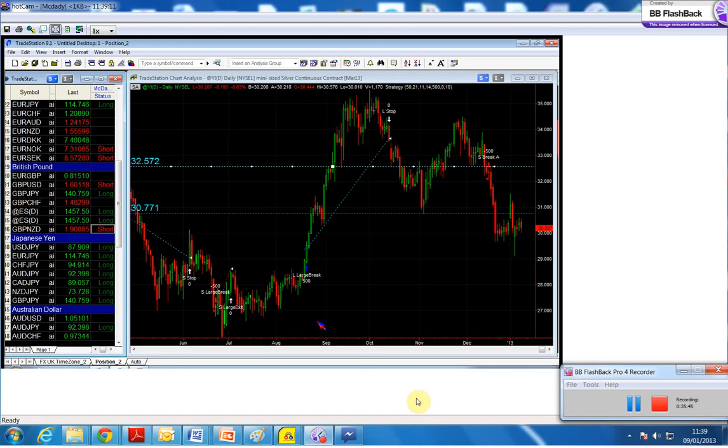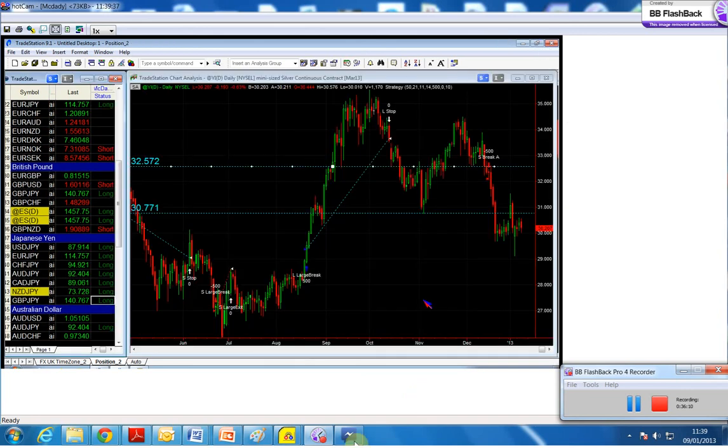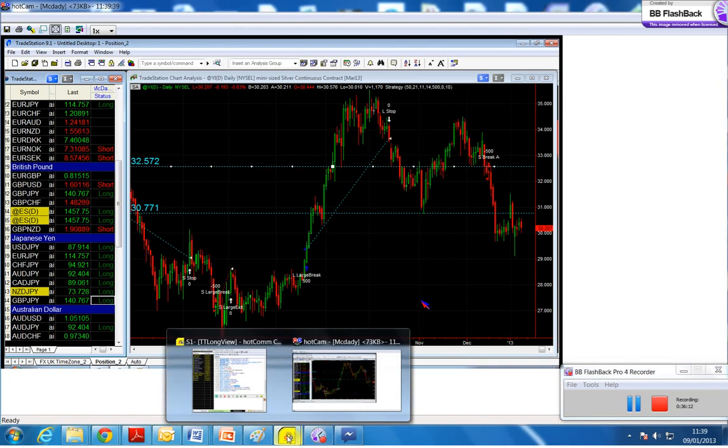The yen, every single yen pair is short, is long. I'm sorry, take every single yen pair as long. Long all the yen pairs. And you can be short the pound New Zealand and the dollar New Zealand. Okay. Anybody has any questions?